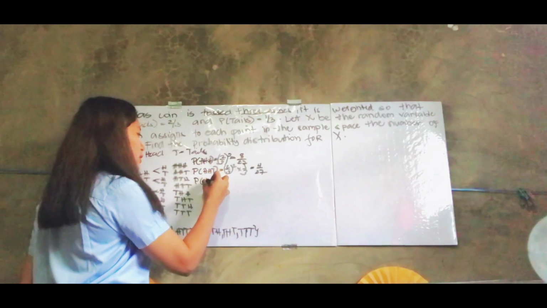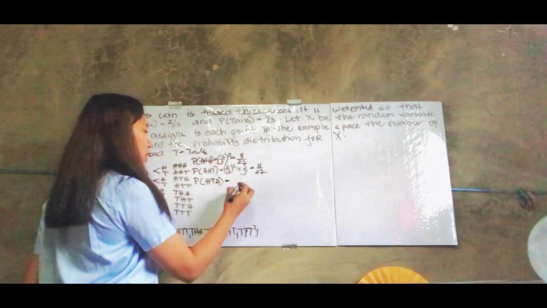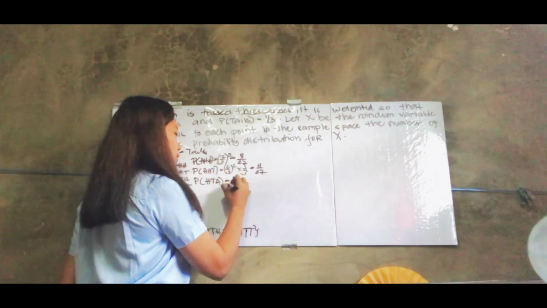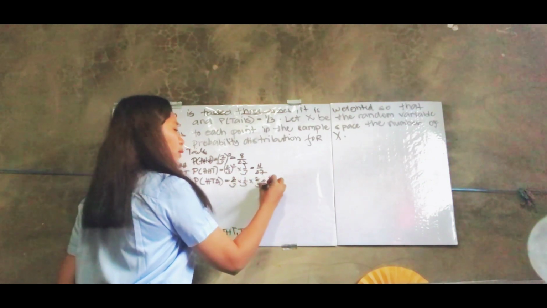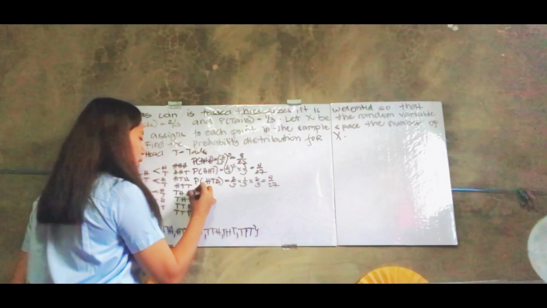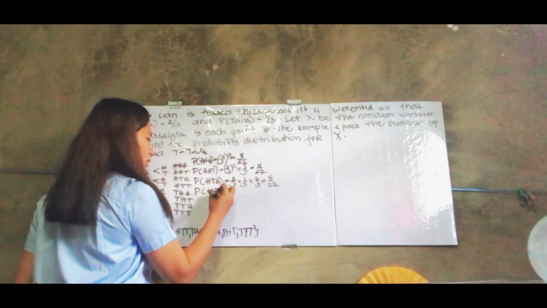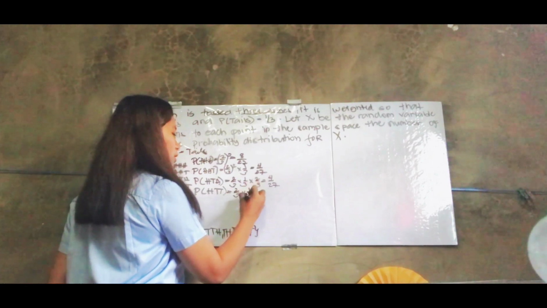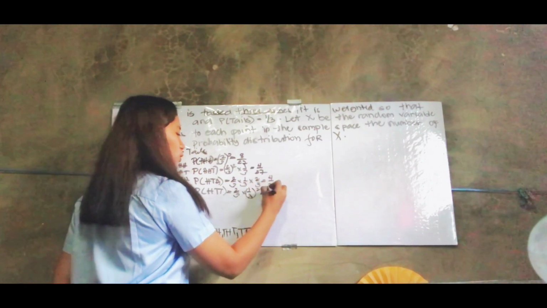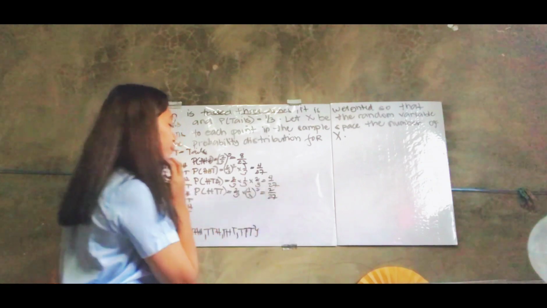Probability of HTH, we have 2/3 multiplied by 1/3 multiplied by 2/3 is equal to 4/27. And for HTT, we have 2/3 multiplied by 1/3 squared is equal to 2/27.